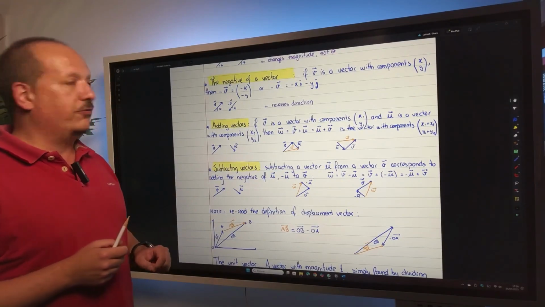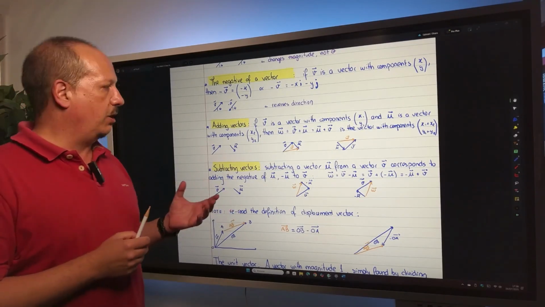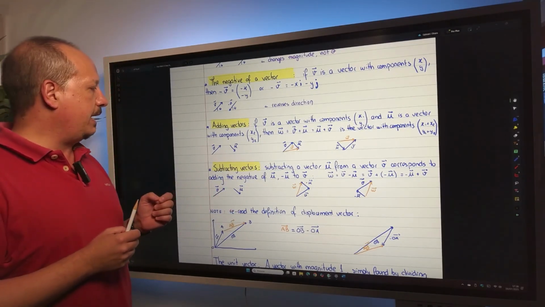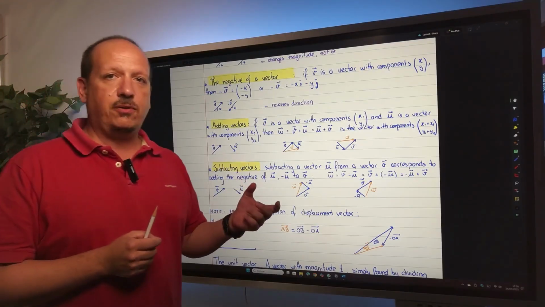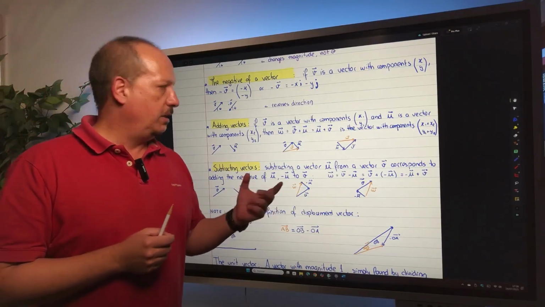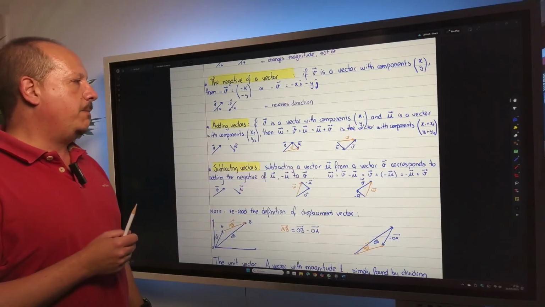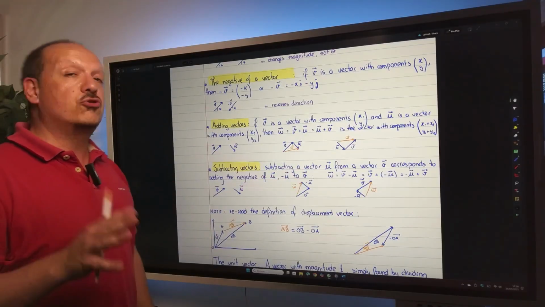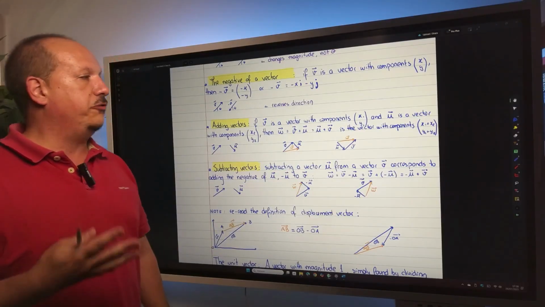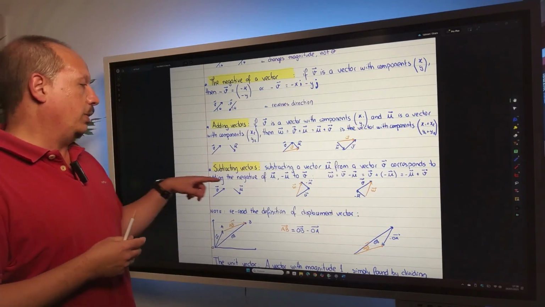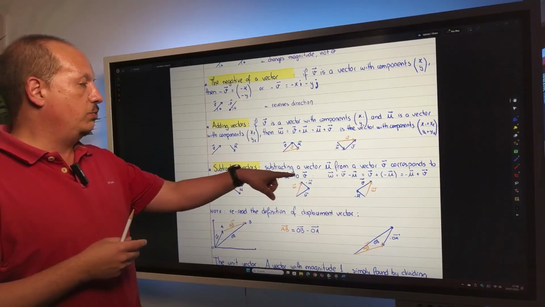What if you subtract vectors? You can think of a subtraction of vectors as the addition of the negative of the one that you are subtracting. In other words, if you want to subtract a vector u from a vector v, this will correspond to adding the negative of u, which is minus u, to v.